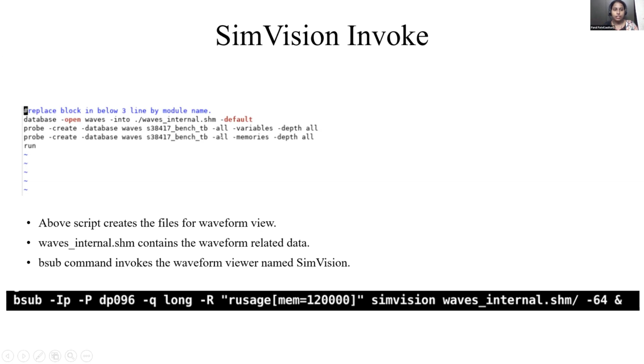It's in your hand how deep you want to go in the design. If you have a design with 100 hierarchies, you can mention which hierarchy you want to observe in the waveforms. For every hierarchy you want observed, you have to create a probe. This script just describes how you want the database for the observation. And this is the bsub command to invoke Simvision, where you give the .shm file name which stores that database.